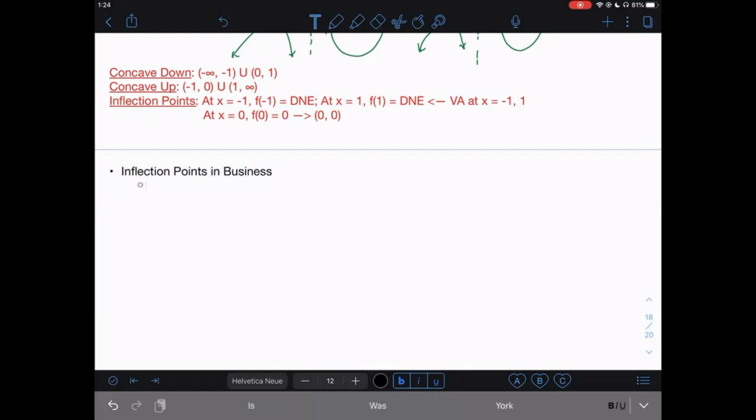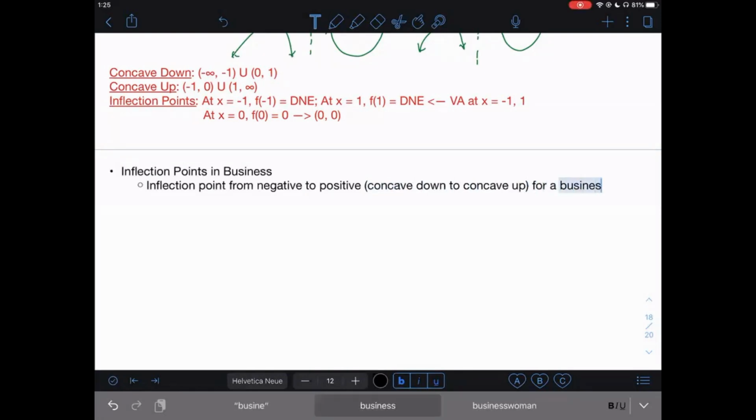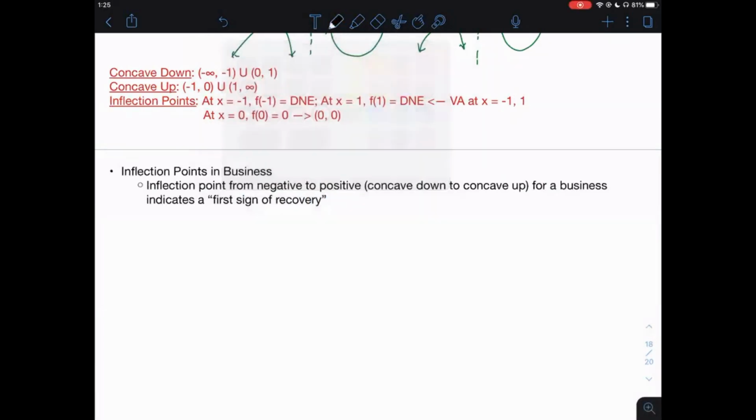The inflection points where we have a change in concavity, from negative to positive, when it goes from concave down to concave up, in business is known as the first sign of recovery, where the function will start to make profits or recover from losses.